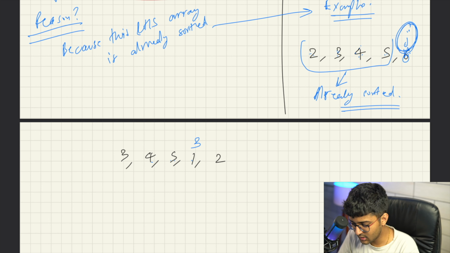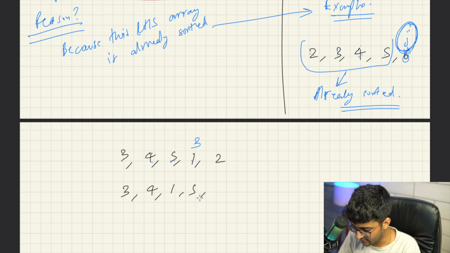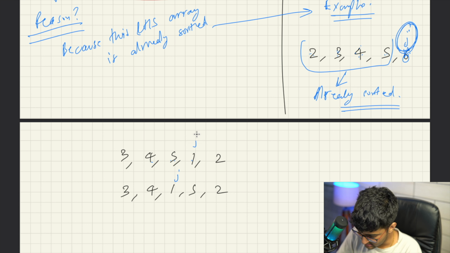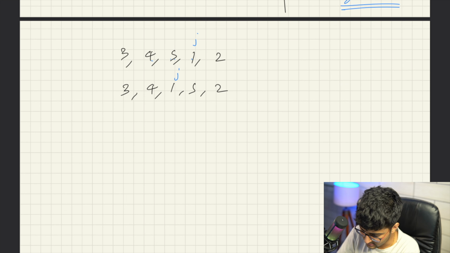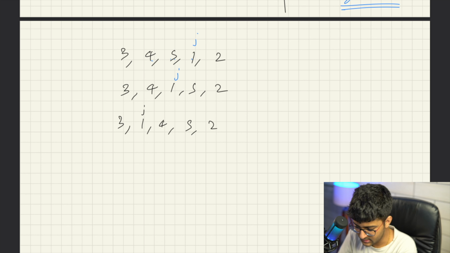It's going to be like, is 1 smaller than 5? Yes, it is. Swap. So it's going to be like 3, 4, 1, 5, 2. J will now come over here. Is 1 smaller than 4? Yes, it is. Swap. This will become 3, 1, 4, 5, 2. J will come over here. Is 1 smaller than 3?